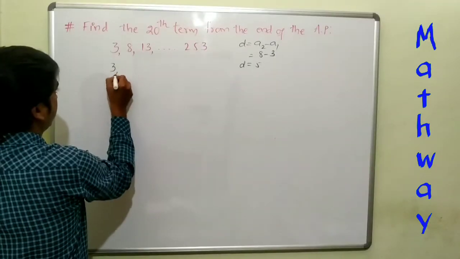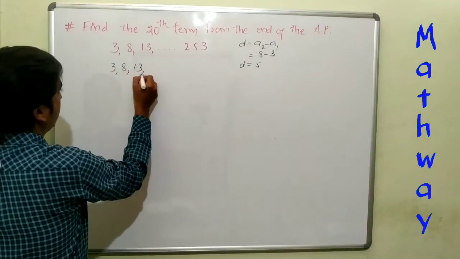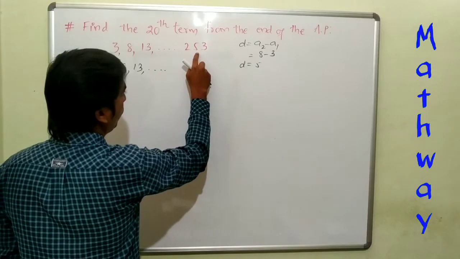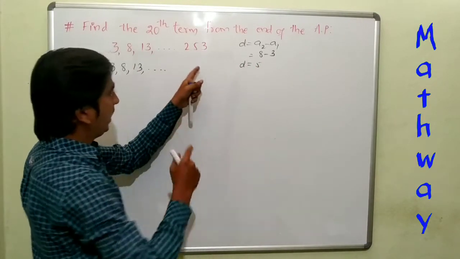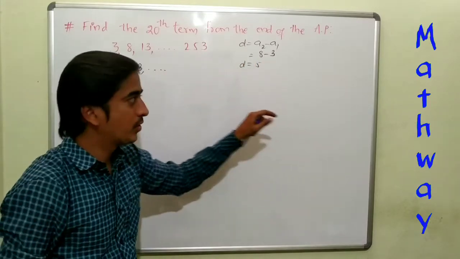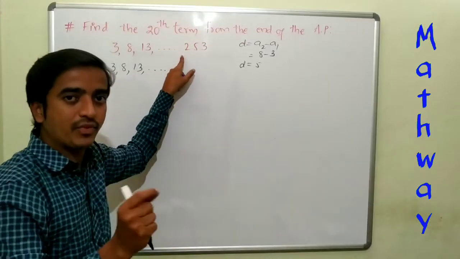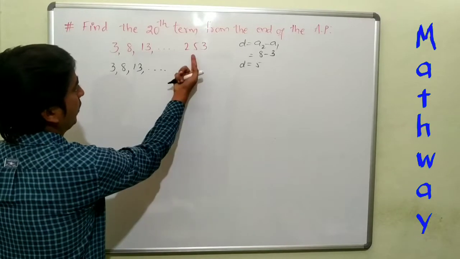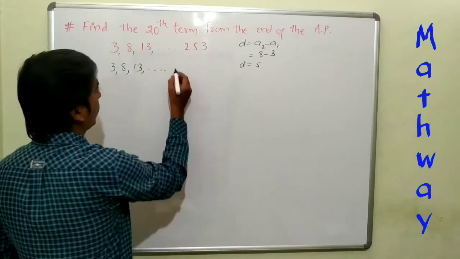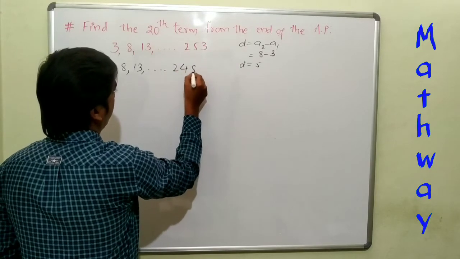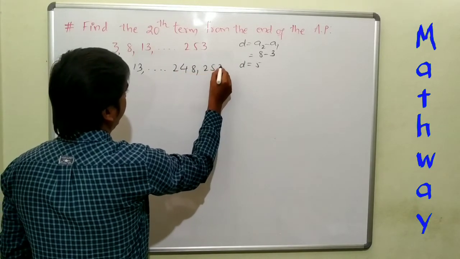So what would be the value before 253? 253 minus 5, because these are in AP as given in the question. That's why the common difference is the same for all the terms. So 253 minus 5 is 248. 248 and 253.